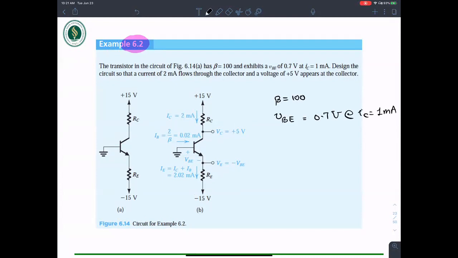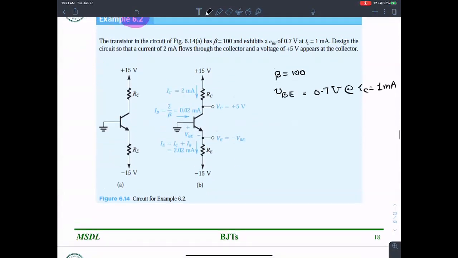Design this circuit, meaning pick a value for RC and pick a value for RE, so that the new IC is 2 milliamperes, and also 5 volts appears across the collector.